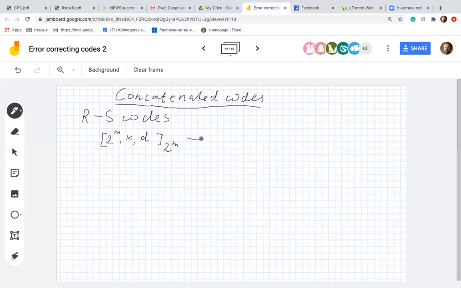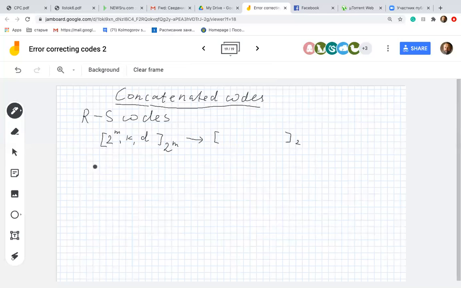So from this code, we may obtain a binary code just by replacing each code word by its binary code.